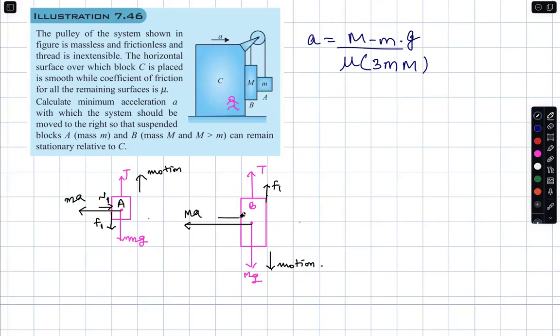A corresponding reaction force here, N2, and a corresponding reaction force here, N1. Is this the only force? Is the free body diagram complete? Is the free body diagram complete?